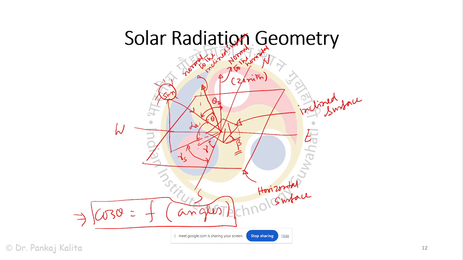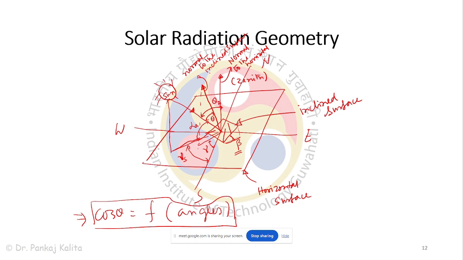This is the normal to the horizontal, this is the normal to the inclined surface, and this is the incoming solar radiation. To understand all the angles in one picture: from the solar radiation to the normal to the horizontal surface is your zenith angle, and solar radiation to its projection on the horizontal surface is your altitude angle, and this projection to due south is your solar azimuth angle.